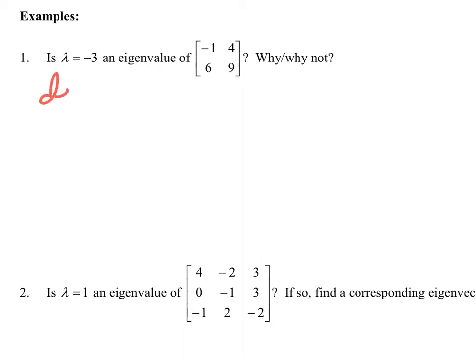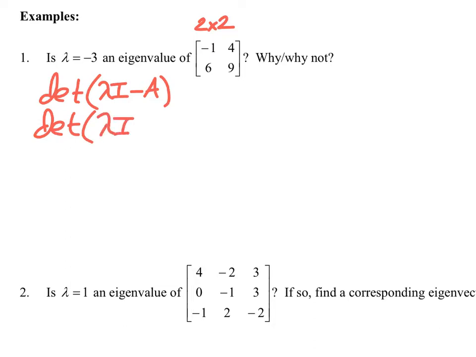All right, so determinant. So it's either lambda I minus A, or, like I said, we could do A minus lambda I. All right, it really doesn't matter which way you go. Now, the dimensions of I should be consistent with the matrix that you're given. So this is a 2 by 2 matrix. So this is going to specifically be lambda I sub 2 minus A. All right?